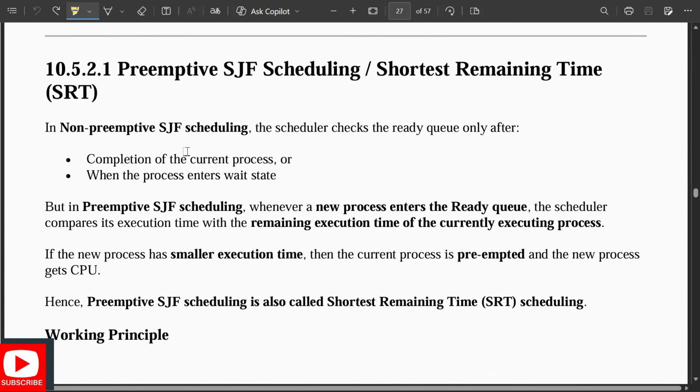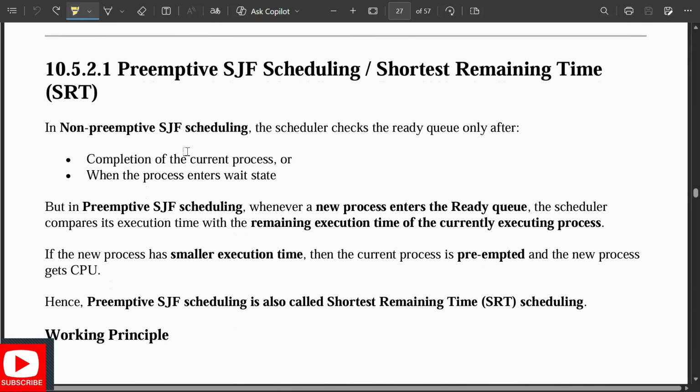Firstly, we'll go with preemptive SJF scheduling, that is shortest remaining time, SRT. In non-preemptive SJF scheduling, the scheduler checks the ready queue only after the completion of the current process or when the process enters wait state.